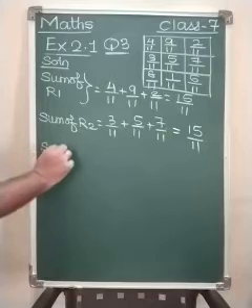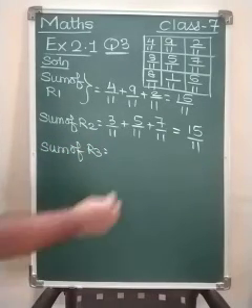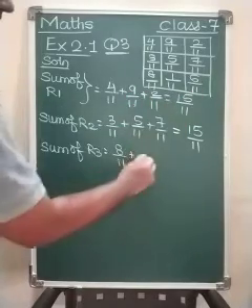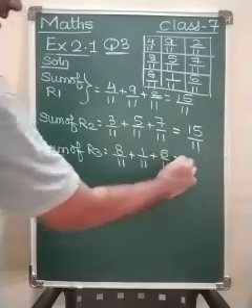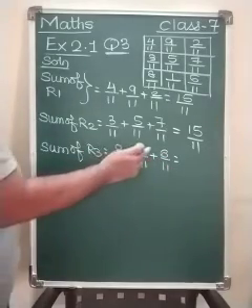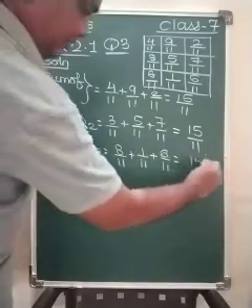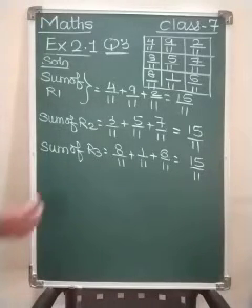Sum of R3 equals to 8 upon 11 plus 1 upon 11 plus 6 upon 11. So this equals to 8 plus 1, 9, 9 plus 6, 15, 15 upon 11. Sum of C1.